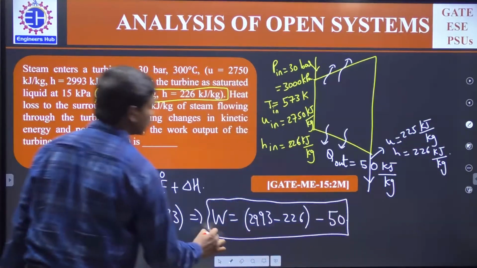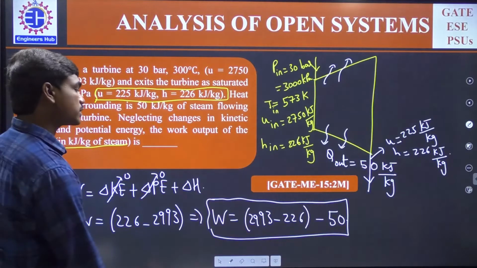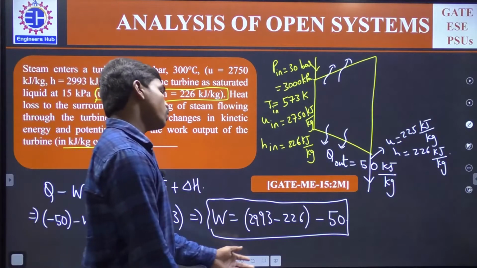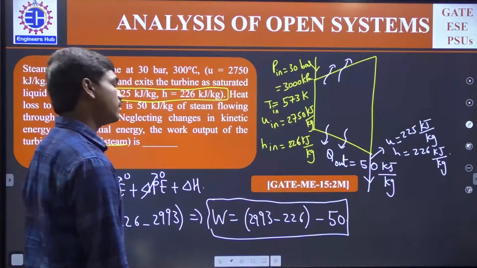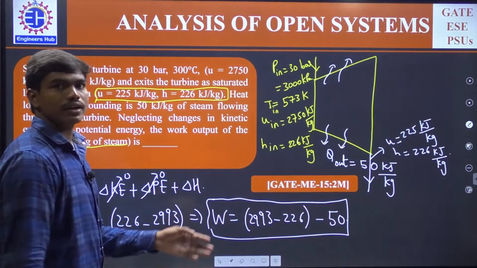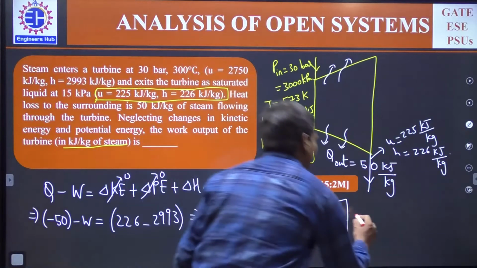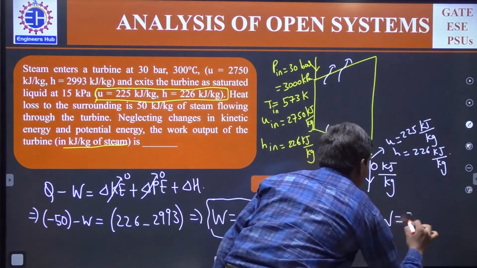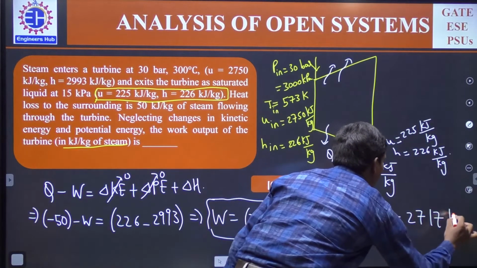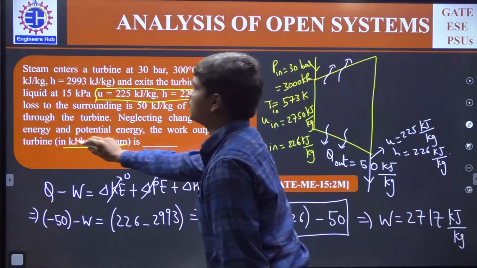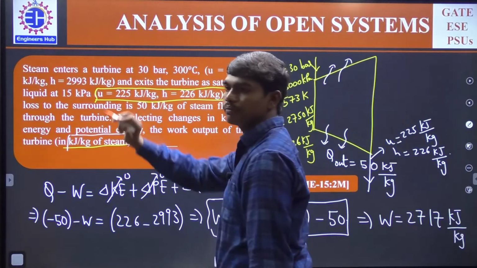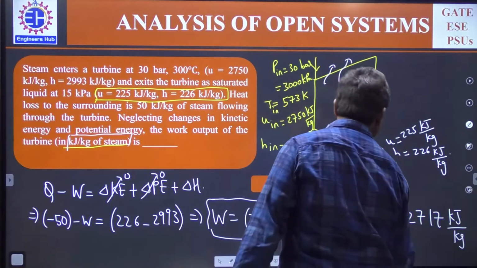This is a simple calculation. 2993 minus 226 can give you something like 2767, minus 50, 2717. So W is equal to 2717 kilojoule per kg, since the answer is asked in kilojoule per kg of steam.